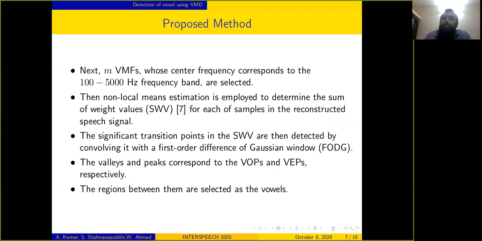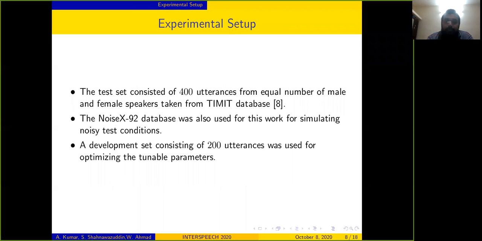Then the significant transition points in the SWV, that is, sum of weight values, are detected by convolving it with the first order difference of Gaussian window. Then the valleys and peaks correspond to vowel onset points and vowel end points respectively, and the regions between them are selected as vowels.